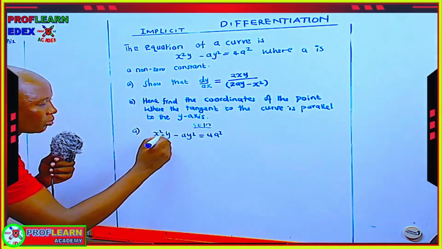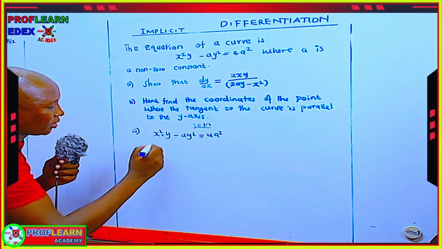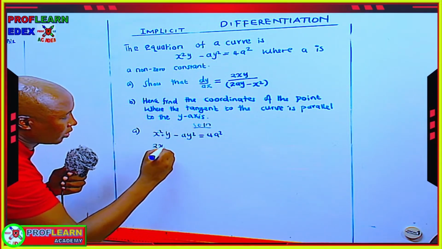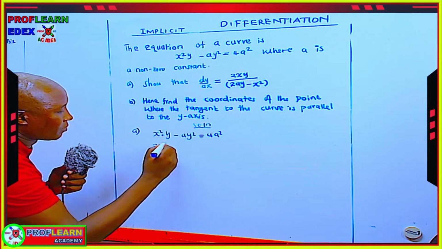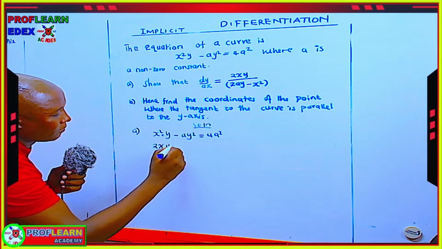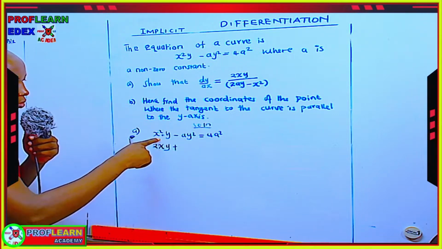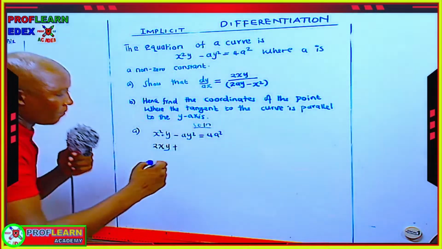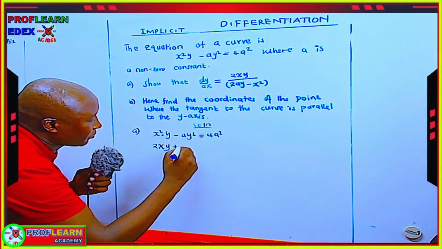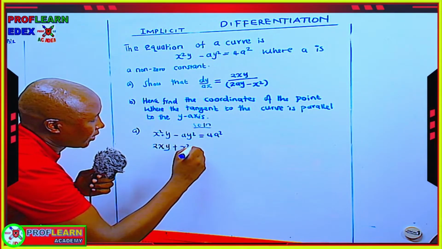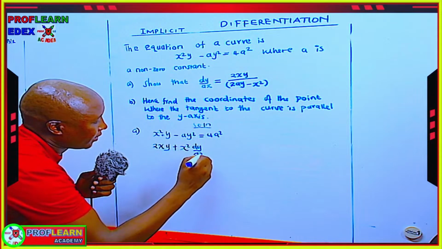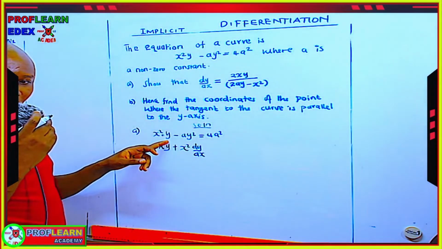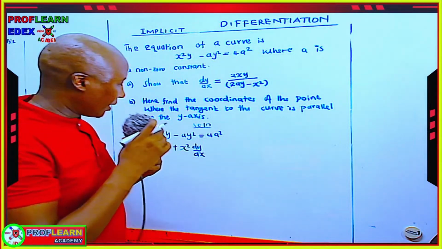So we are going to differentiate this, keeping y constant, so this is 2xy. And now the second case, we're going to keep x squared constant. We differentiate y, and this is going to be x squared dy dx.